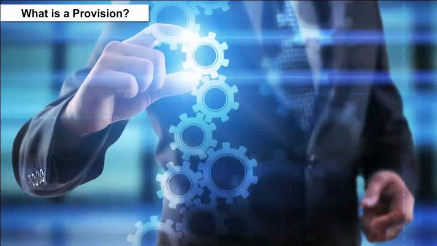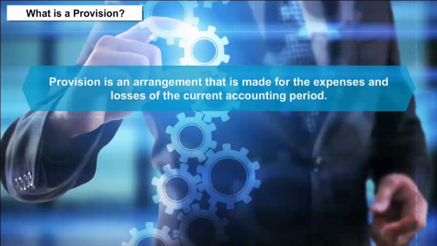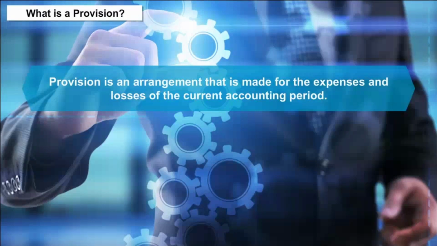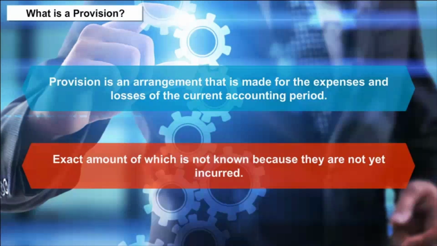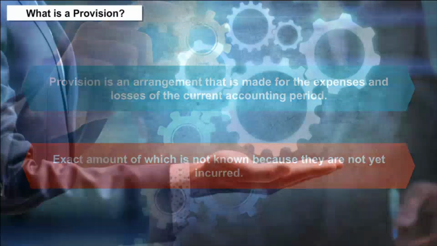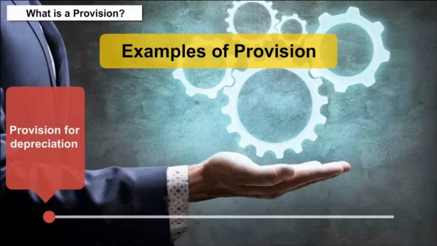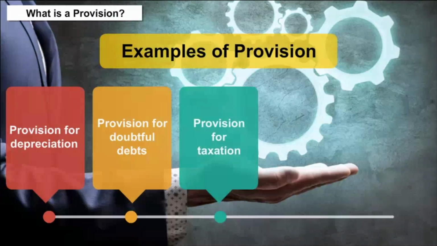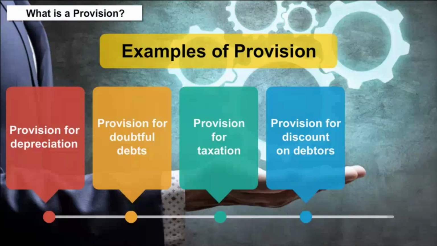Examples of provisions are provision for depreciation, provision for doubtful debts, provision for taxation, provision for discount on debtors, provision for renewals and repairs. The amount of provision for expenses is chargeable against the revenue of the business. Provisions make sure proper matching of revenues and expenditures and calculations of the actual profits.